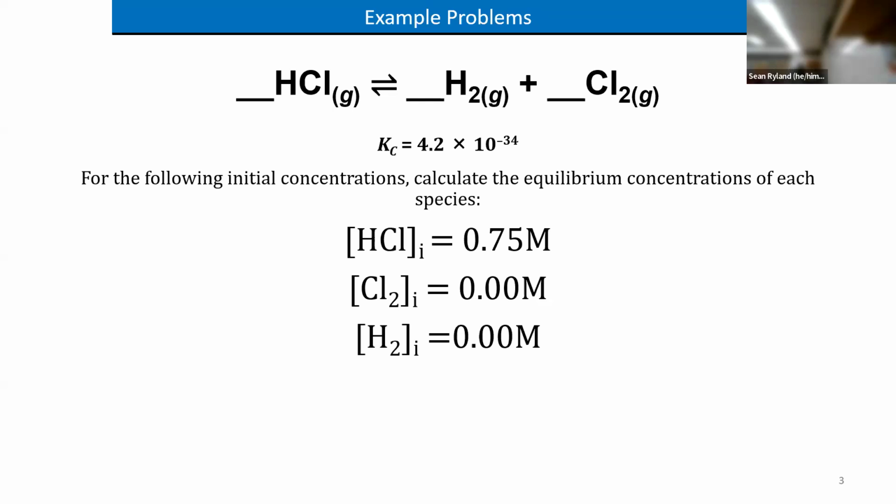So 0.75 squared is going to be something pretty close to 0.5. So it should get something pretty close to 2. No problem. 0.2 times 10 to the minus 34, then we're going to square root that.